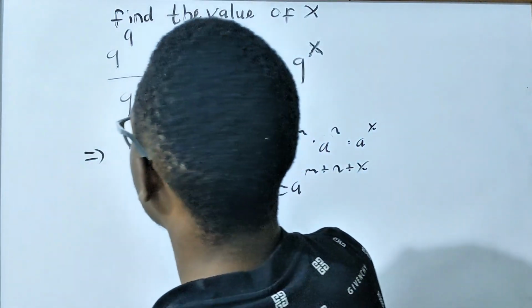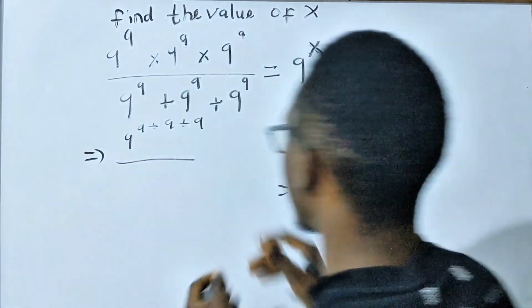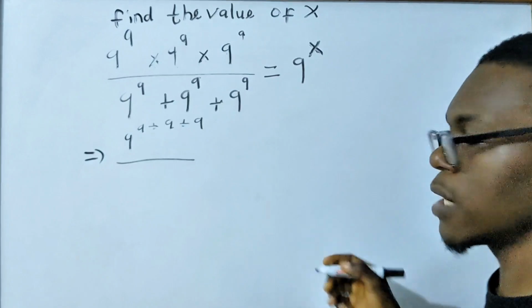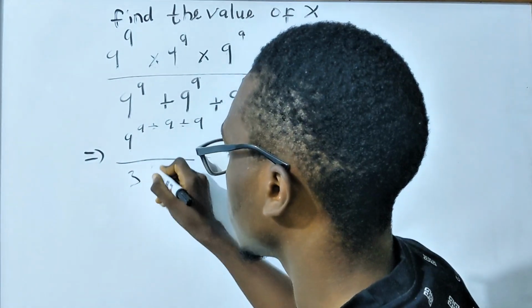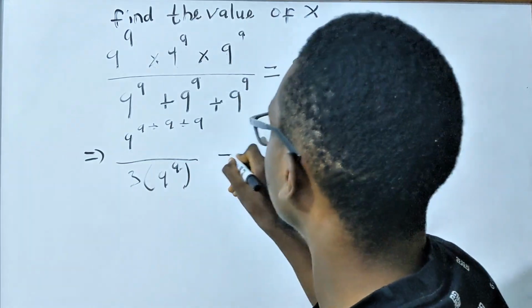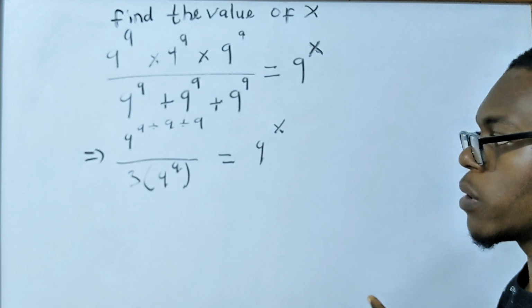Good. If we have 9 to the power 9 plus 9 all over... When you have this, it's just like x, like y. Therefore, we are going to have 3 into 9 to the power 9 is equal to 9 to the power x. Hope you understand at this point.